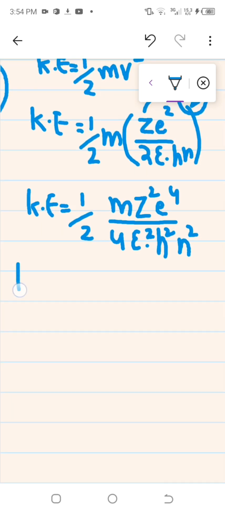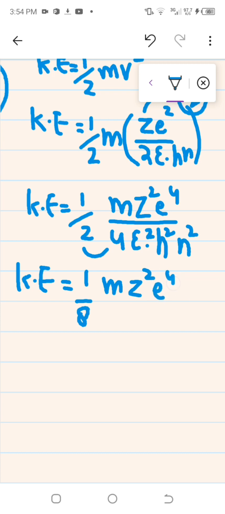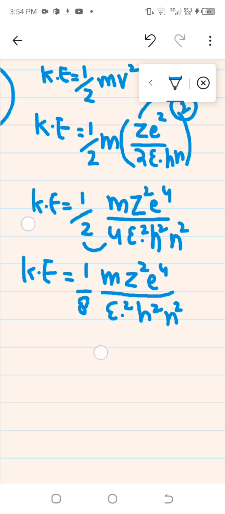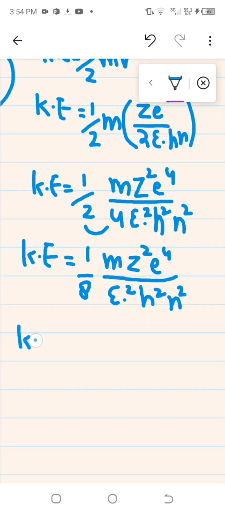After that, kinetic energy is equal to 1 upon 8, because 2 times 4 is 8, m Z square e4 over epsilon square h square n square.